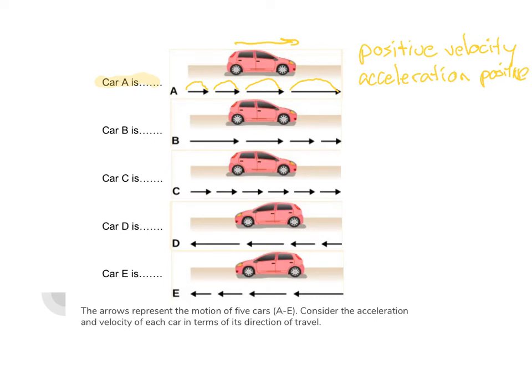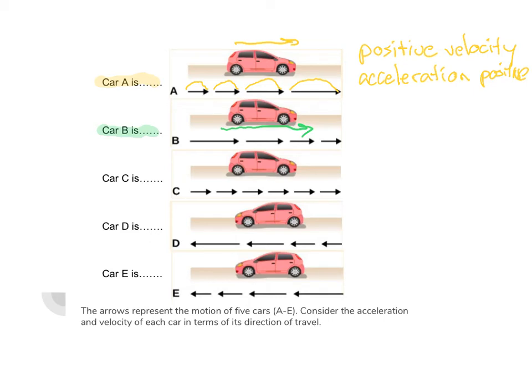Now let's do car B. How would you describe car B's acceleration and velocity? Okay, so again, take a look at the arrows, because car B is considered to be moving to the right of the slide in this instance.